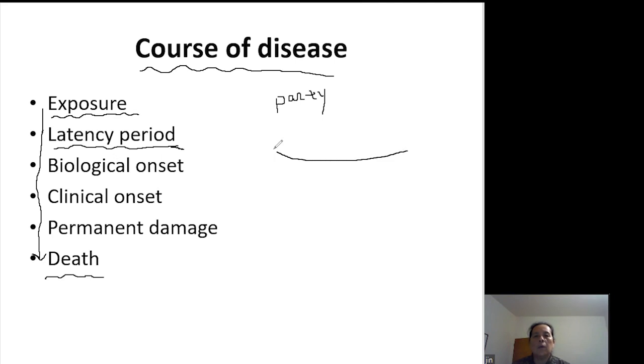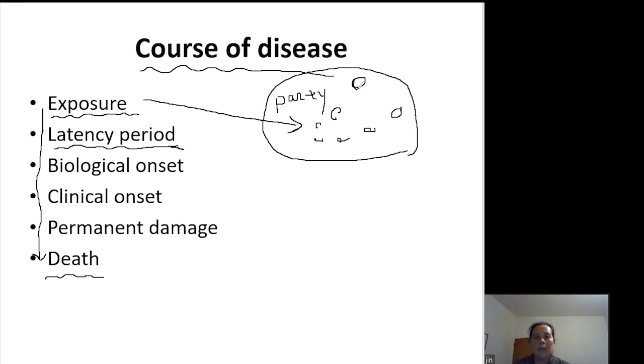Then in a bigger party, a lot of people are together there. That's the time of exposure to some dangerous or risk situation. Then after the party, we know one of the people in this party got a COVID-19 infection, positive. But the other people during that time didn't have symptoms.